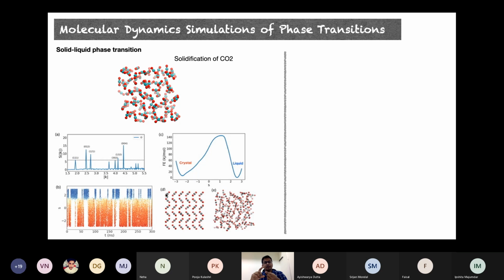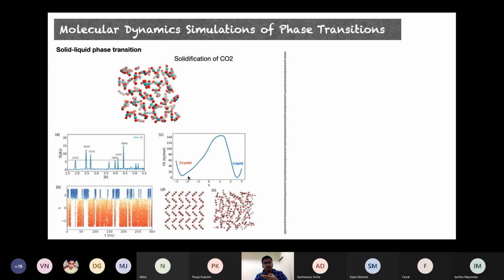So there are, let's say, three targets. One is the mechanism, the atomistic mechanism, because in experiment you don't see what is happening inside, right? Unless you do an in situ experiment. So the first one was to understand the mechanism, atomistic details. The second one was to calculate this free energy profile. Let's say we chose one temperature and one pressure, and we plotted this free energy.